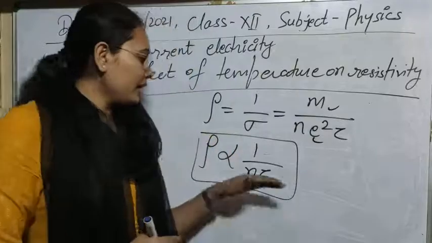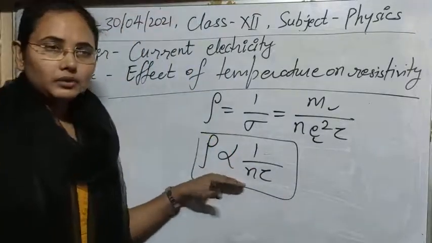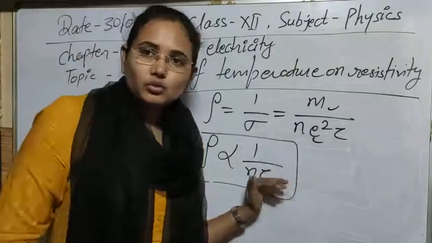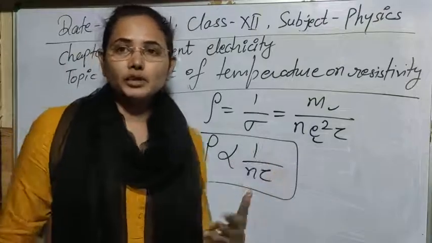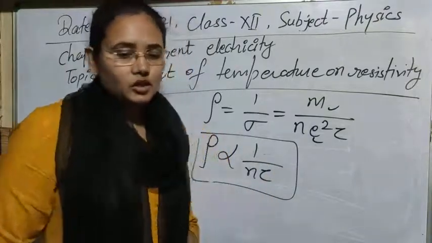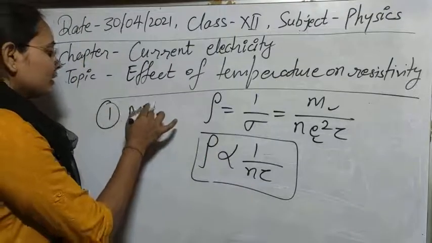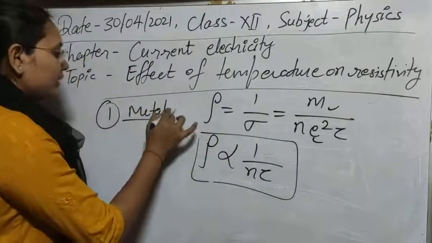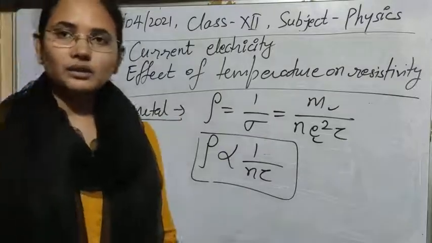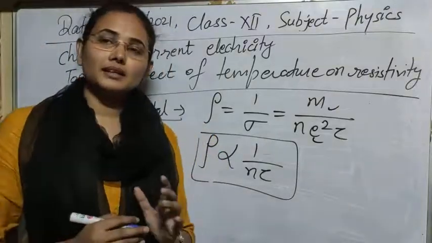Clear, I think. Now, how are these two terms dependent on temperature for different kinds of material? The first material we will discuss is metals or conductors. Let's see how the resistivity of a metal or conductor varies.